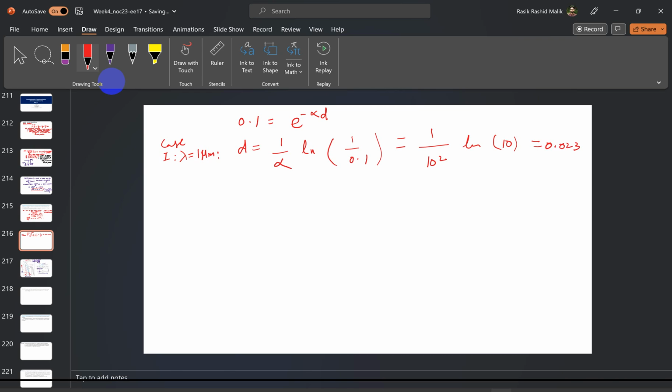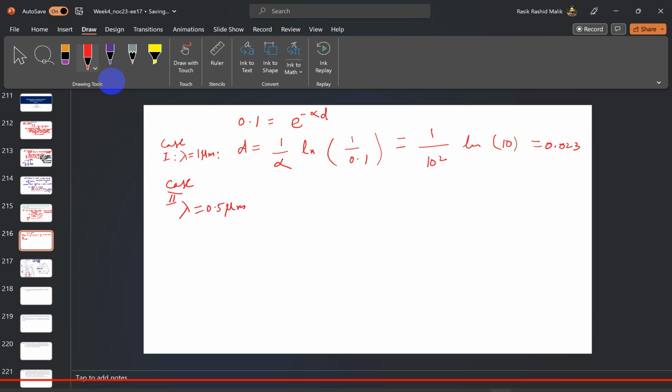Okay, and now consider the second case, where lambda is 0.5 micrometer, and corresponding to lambda equal to 0.5 micrometer, we have alpha as 10 to the power 4. So d will be 1 by 10 to the power 4 ln of 1 by 0.1.